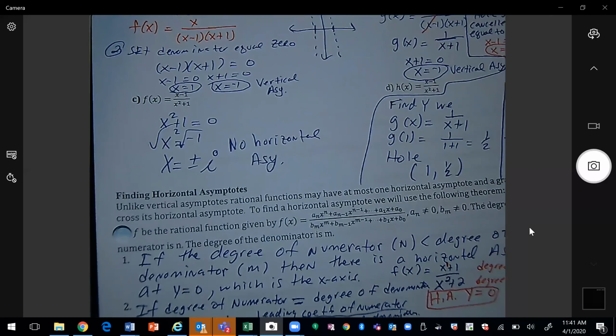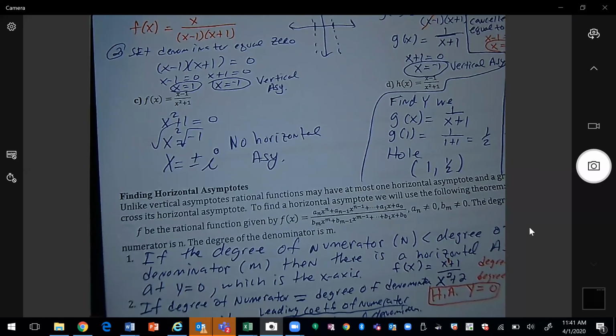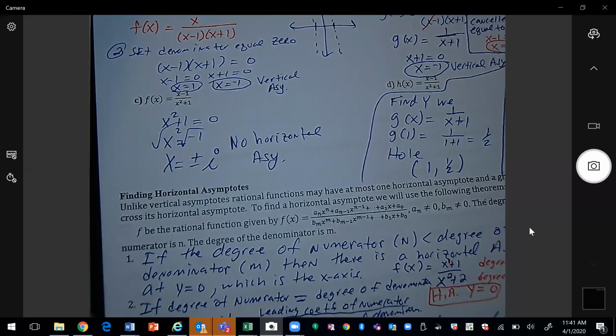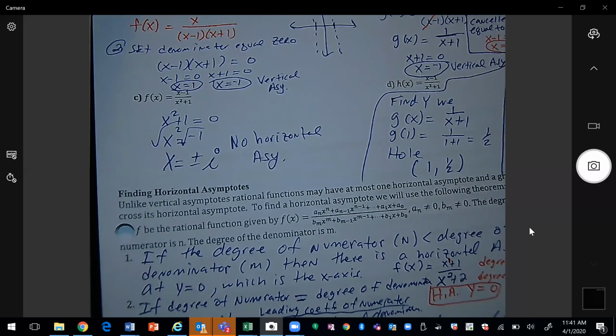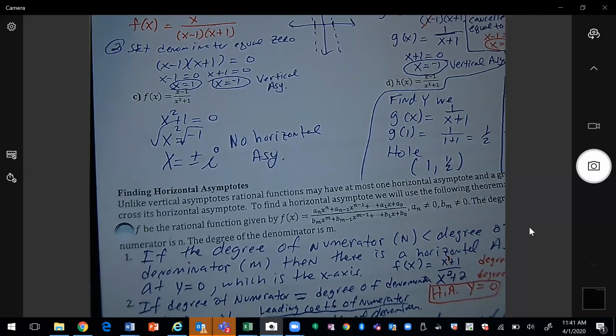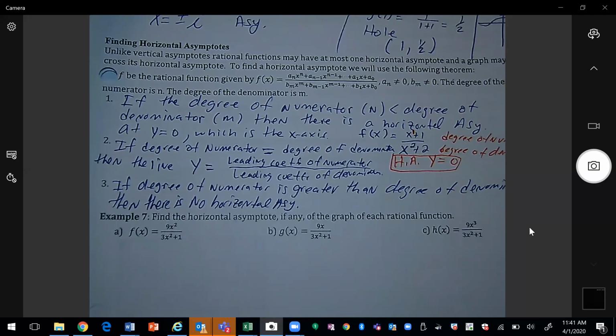The third case is if the degree of the numerator is greater than the degree of the denominator, then there is no horizontal asymptote.